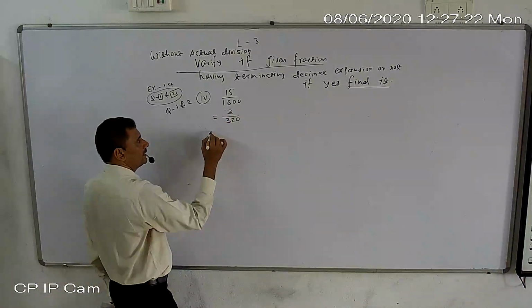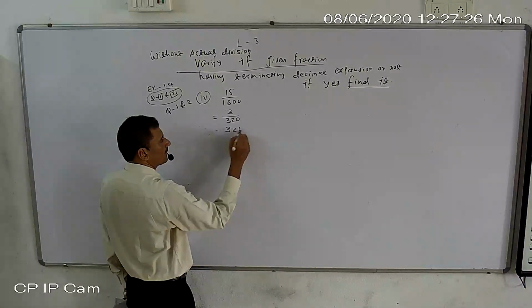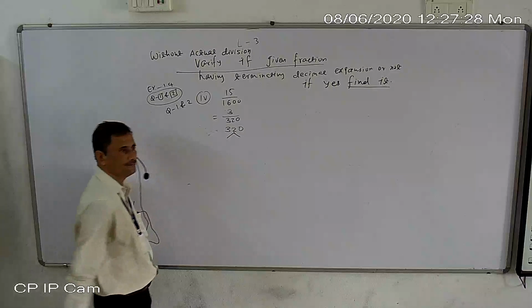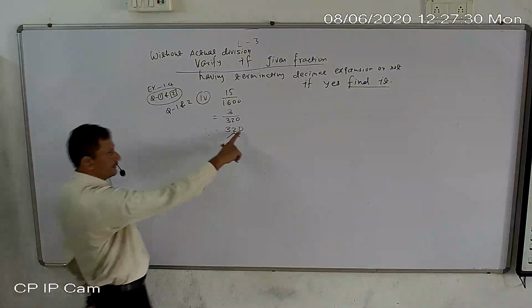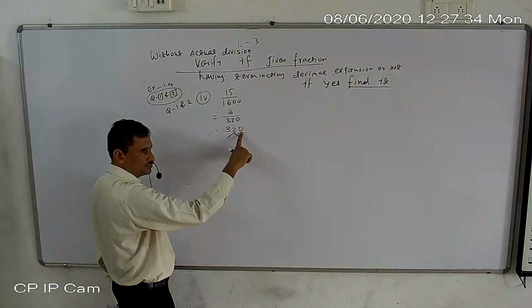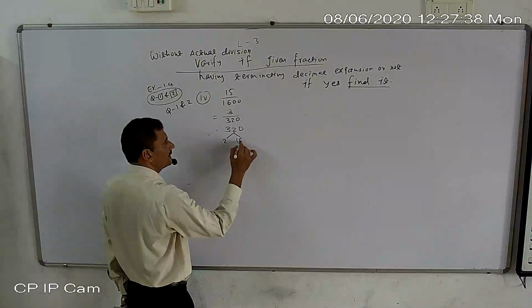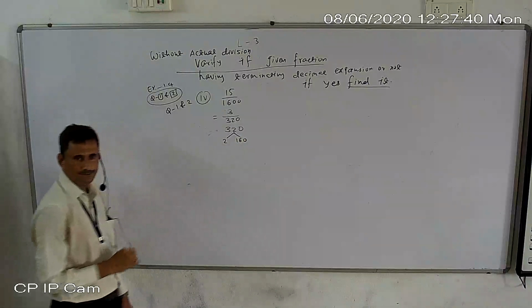Now go ahead and find the prime factorization of 320. It is even, so we can divide by 2. We can divide by 5 also since it has 0, but we first divide by smaller prime numbers.